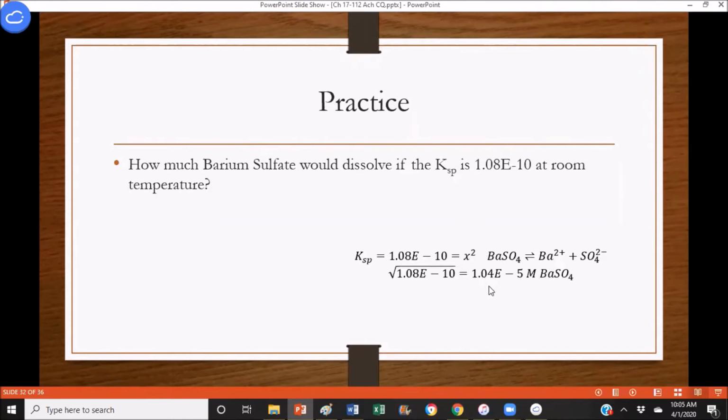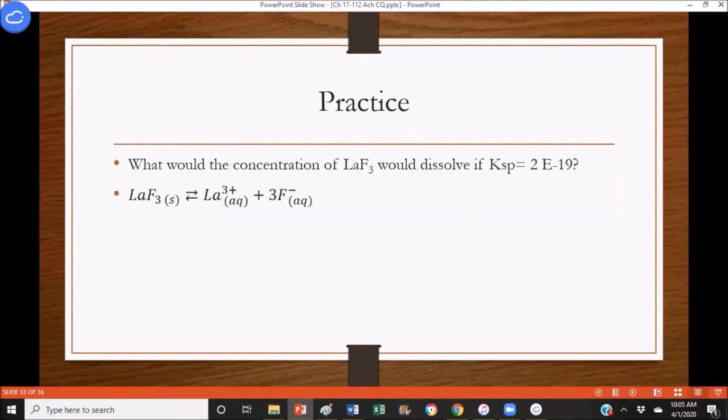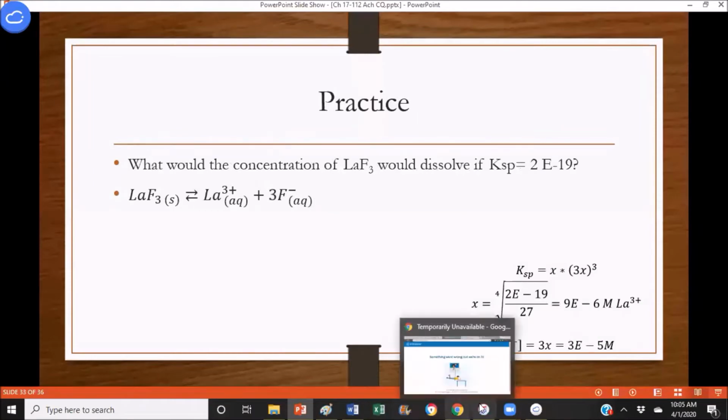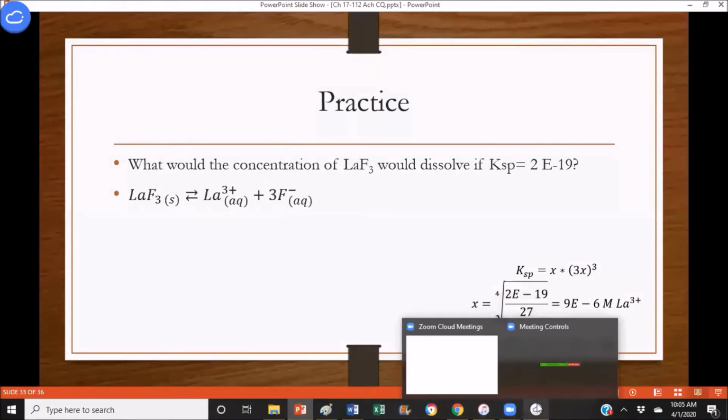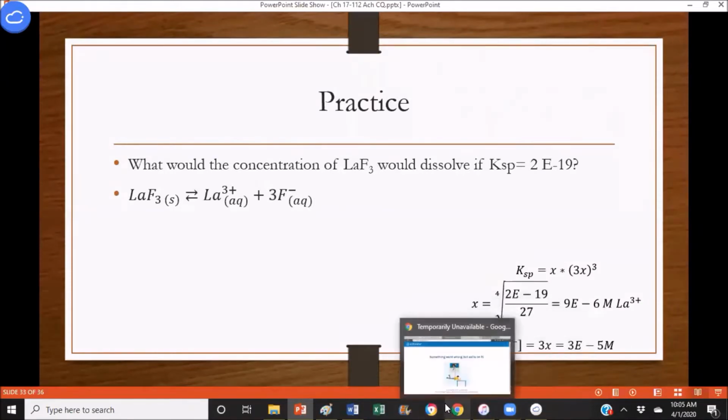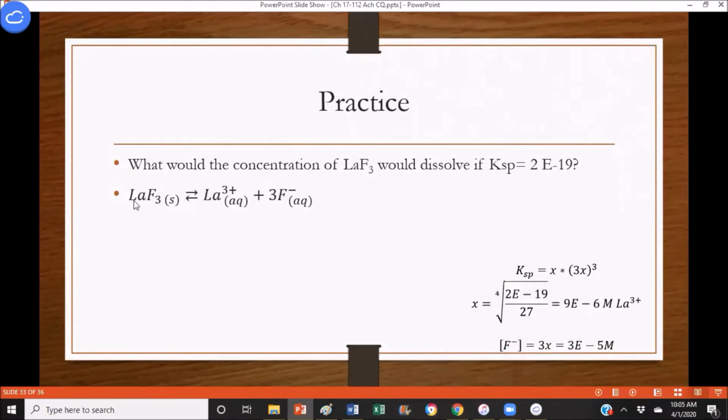Now, this is the hardest thing we'll see, lanthanum trifluoride. It's the hardest thing we could possibly see because it's a triatomic. One lanthanum fluoride goes to one 3 plus and three 1 minuses.